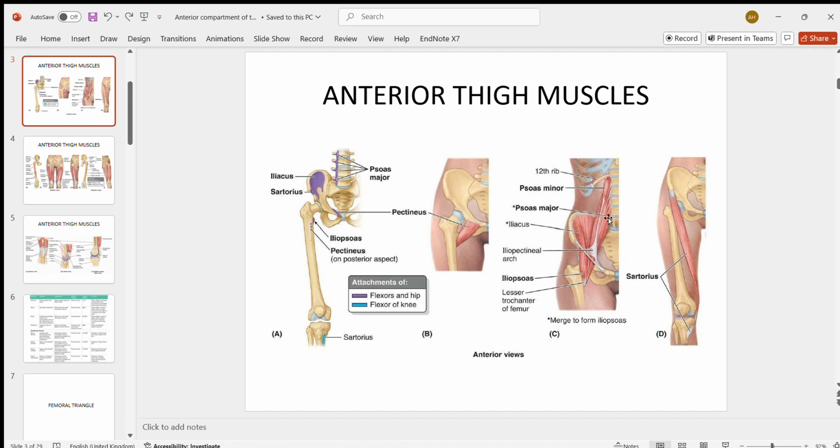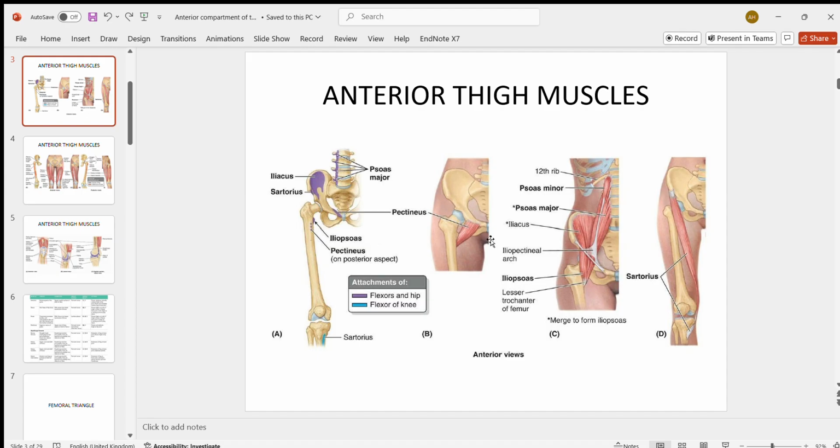The major muscle comes from the vertebrae T12, L1, L2, L3, L4, and L5, and it is inserted on the lesser trochanter of femur. And the psoas minor comes from the vertebrae T12 and L1 only, and it is also inserted on the lesser trochanter. So iliopsoas as a whole gets inserted on the lesser trochanter of femur.